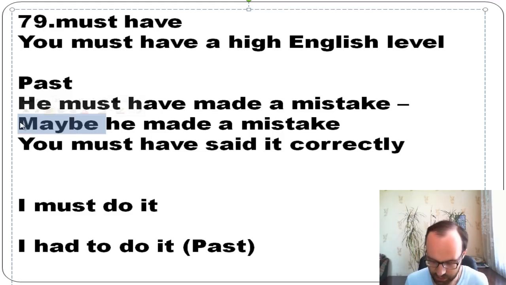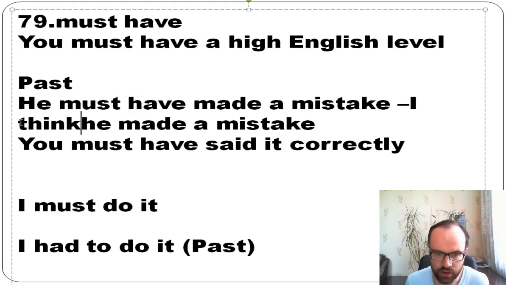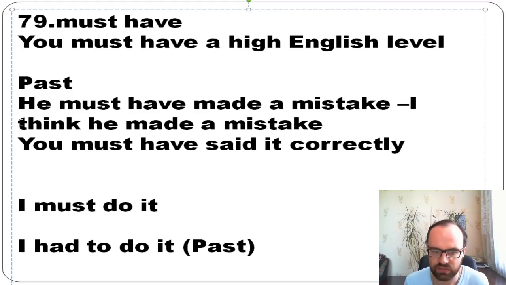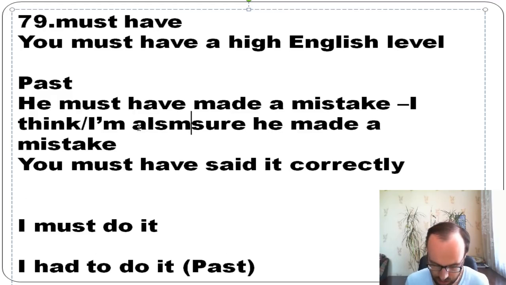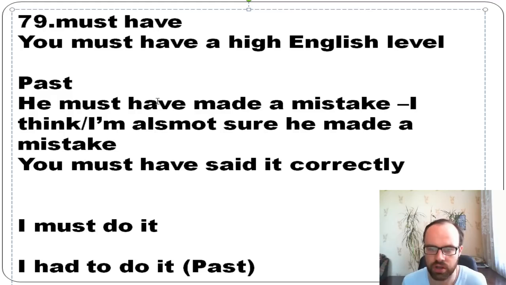I think, or I'm sure, he made a mistake. So I'm almost sure he made a mistake. You must have said it correctly. So I think you said it correctly, or I'm almost sure you said it correctly. So it's another meaning. It's about probability.